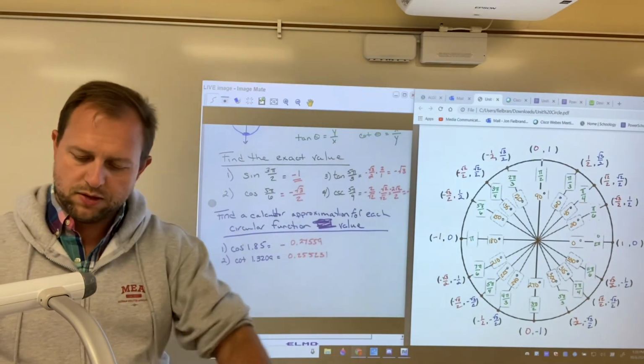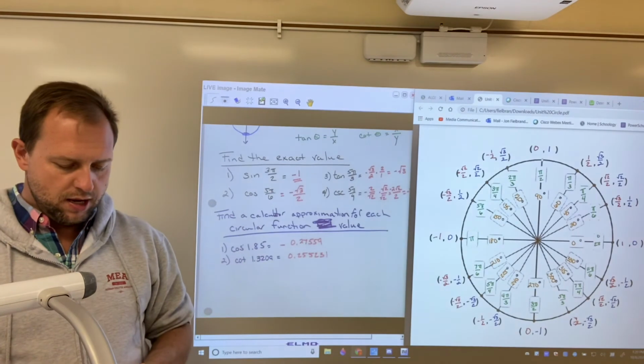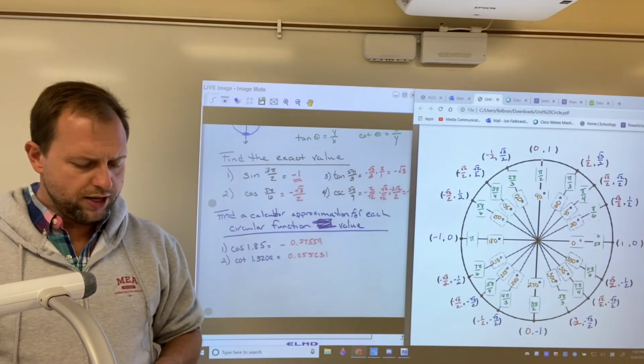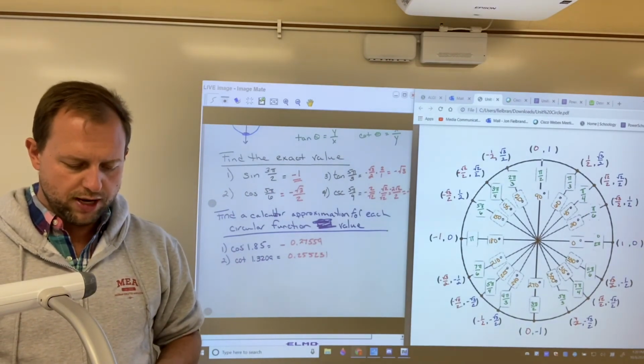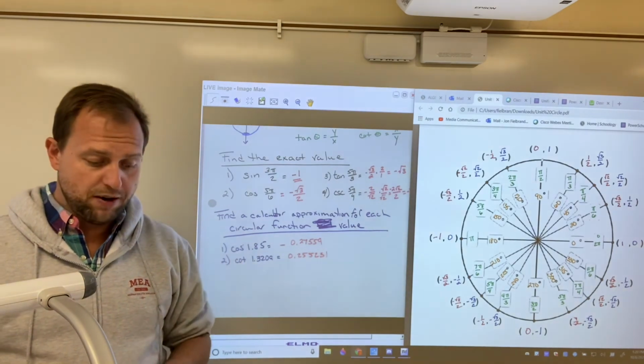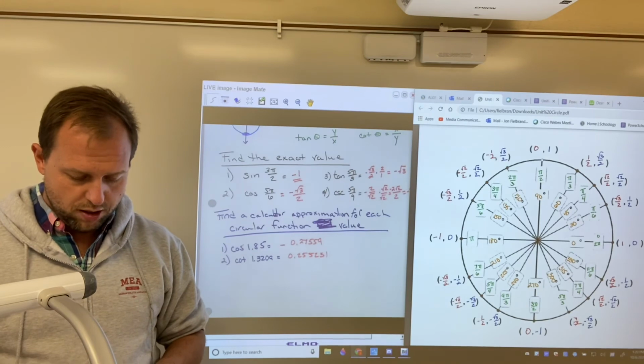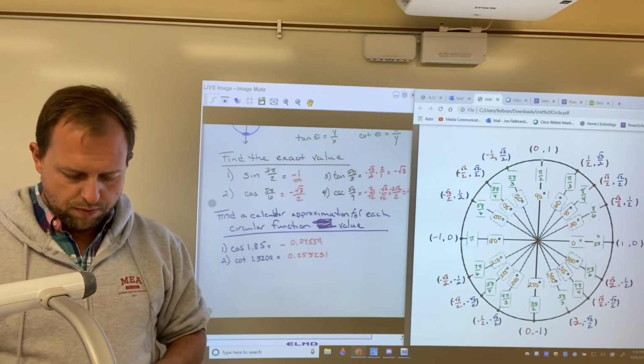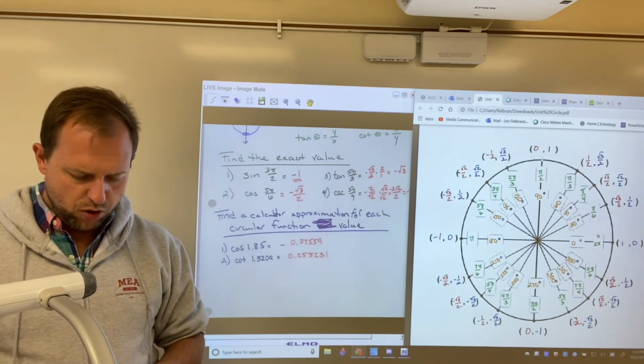Remember, the process would be to first take the tangent function, because most calculators do not have a cotangent function on them. A few do. The Nspires, if we were in class, this would be easy because the Nspires have a cotangent function. But most do not.